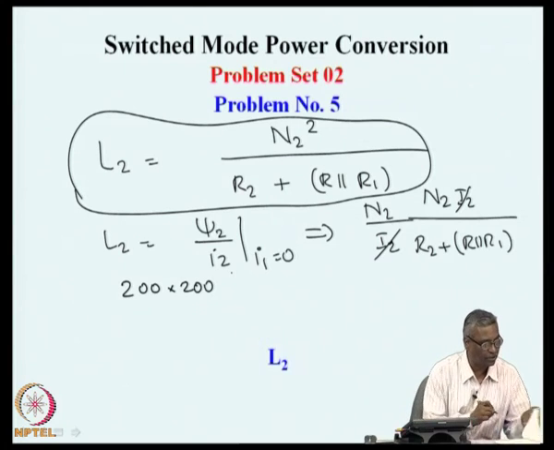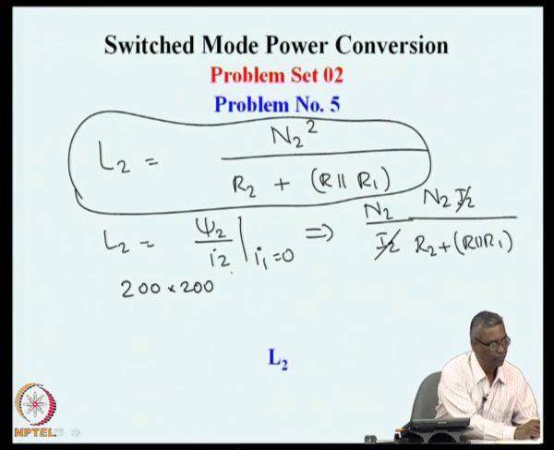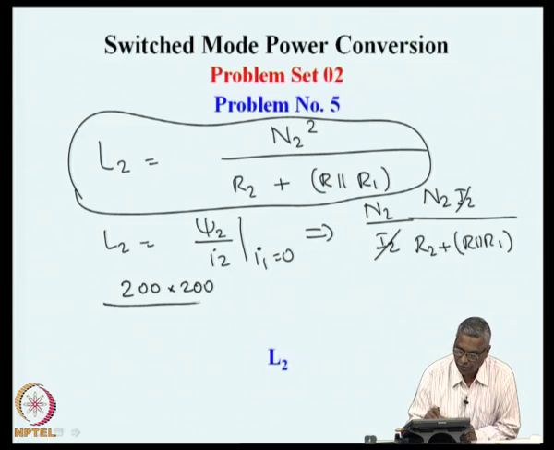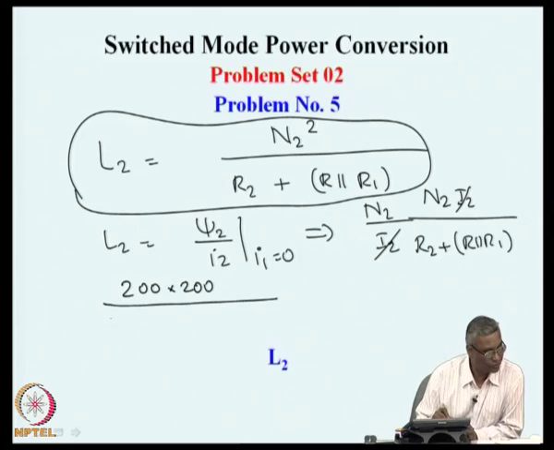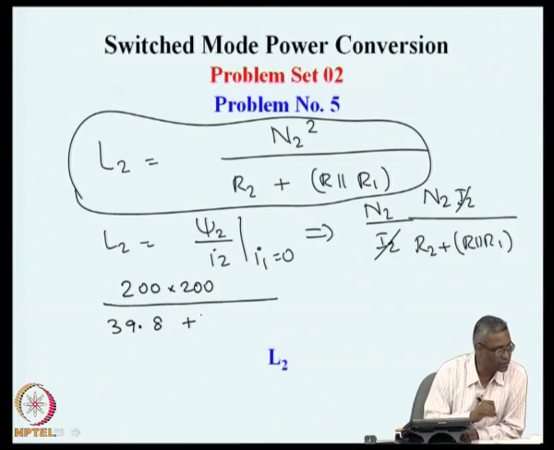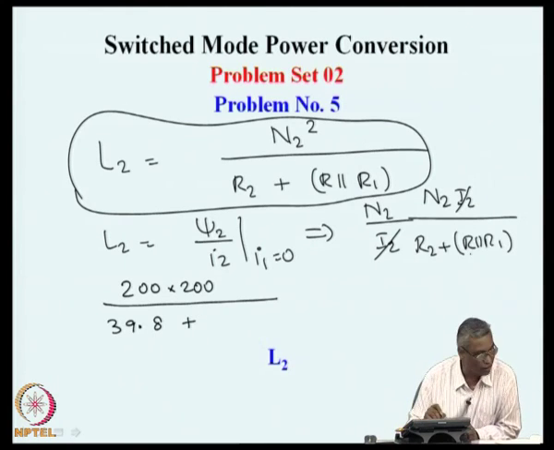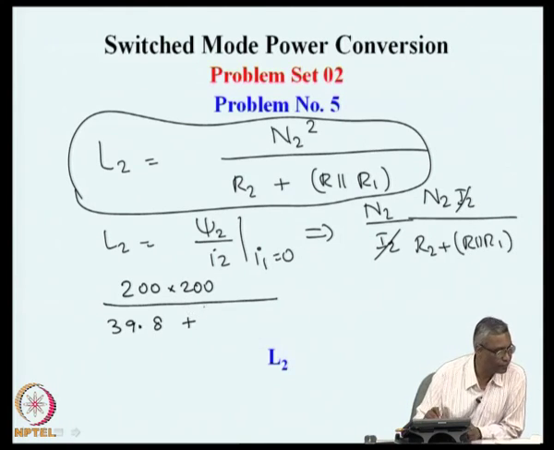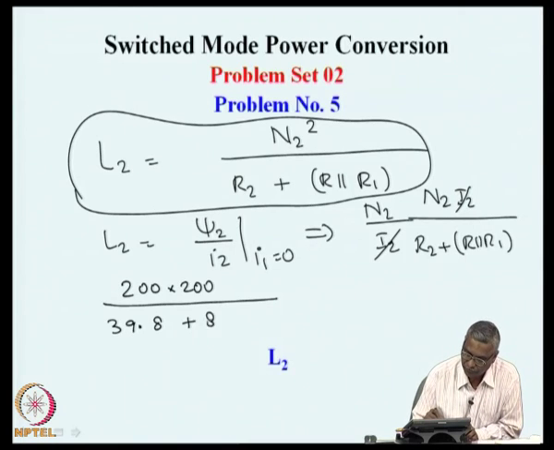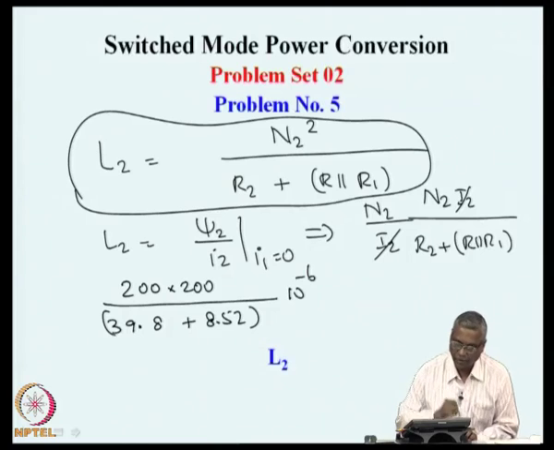If we calculate a similar thing for L2, that will be N2 square, which is 200 into 200, because number of turns are now 200, and R2, which is 39.8, plus R1 parallel R, which is 8.52, per Henry.